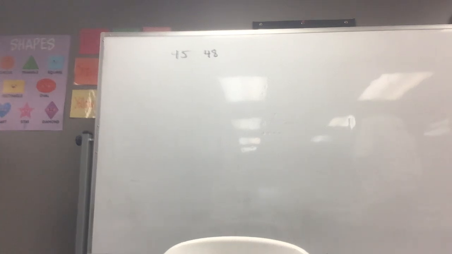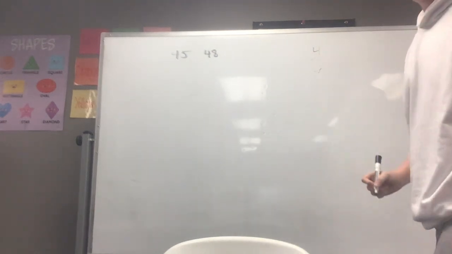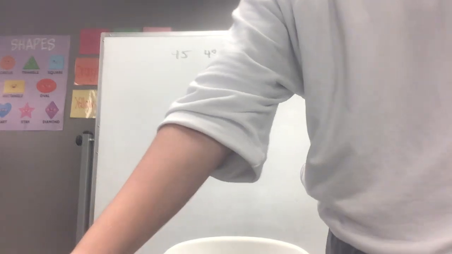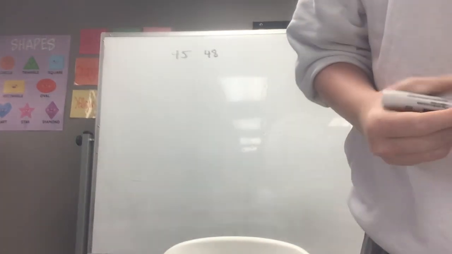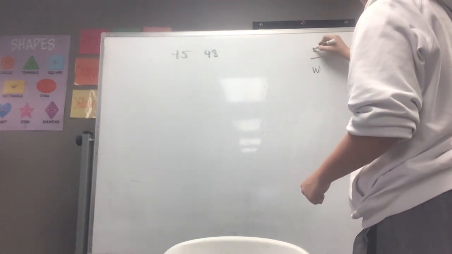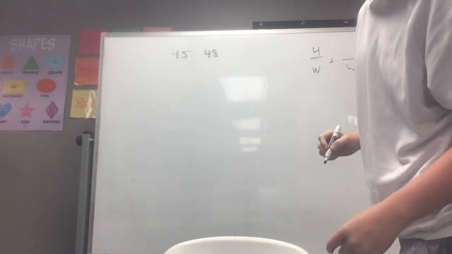So 45 was 4. Okay, she gave me the bad one. Plus u squared over 2.